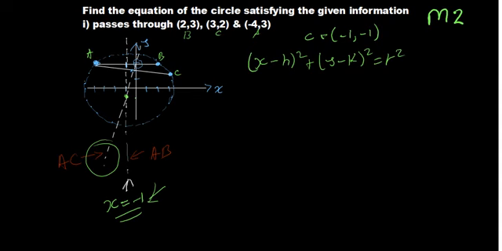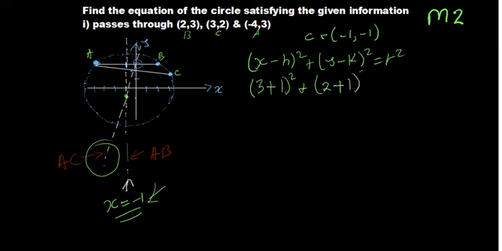So my x is 3 minus my h, which is -1, giving me plus 1 squared, plus my y from point c, which is 2 minus my k, which is -1, becoming +1 squared, is equal to r squared.